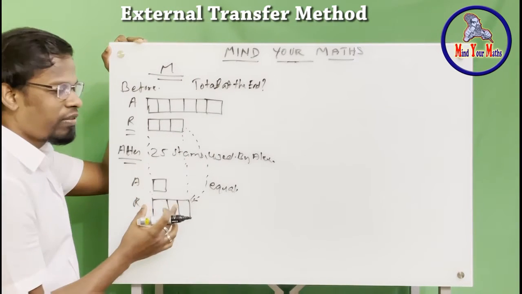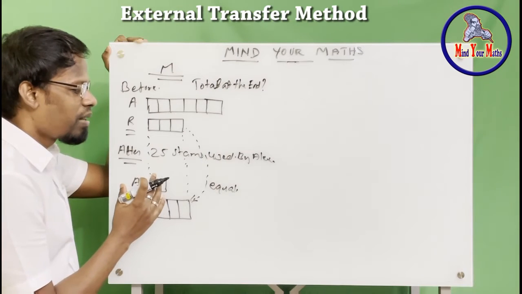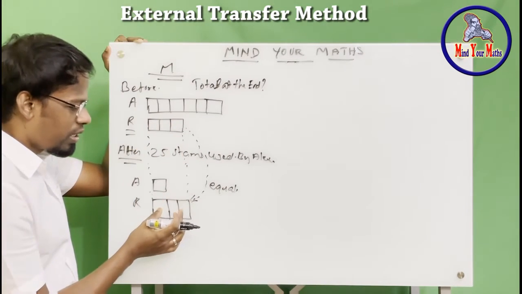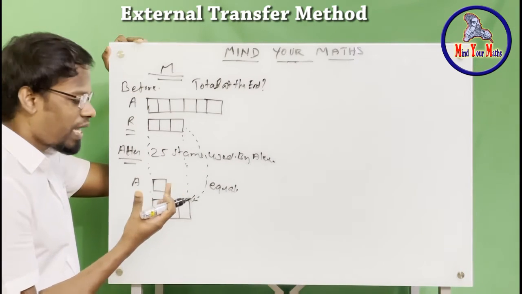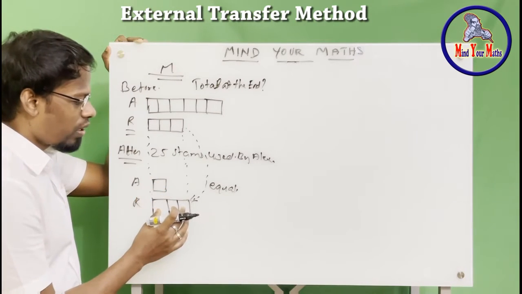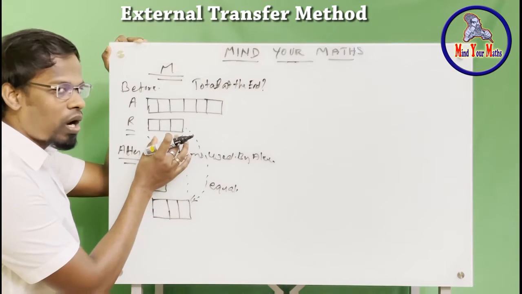Because this is a very small number, we were able to do it very easily. But many times you might find that this before unit is equivalent to this after unit, but the numbers might be bigger. In that case, you need to take the LCM. Let me explain this case too. This 3 was equivalent to this 1 originally.